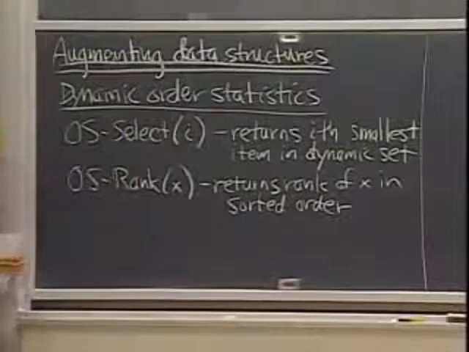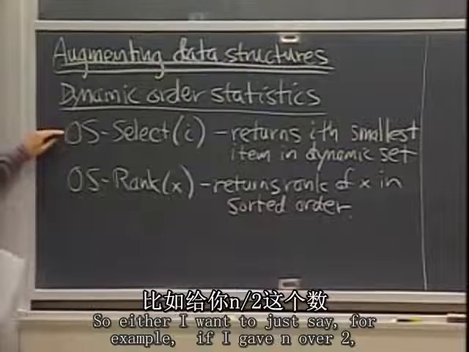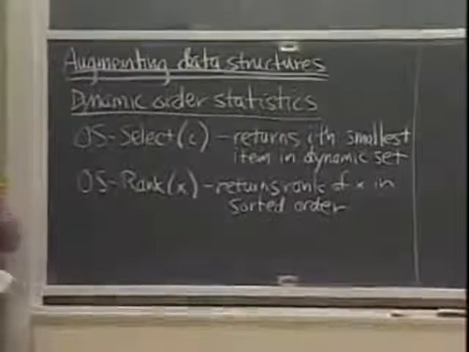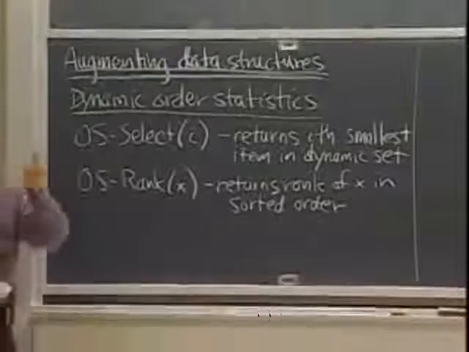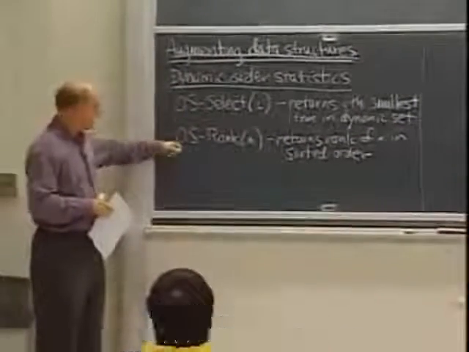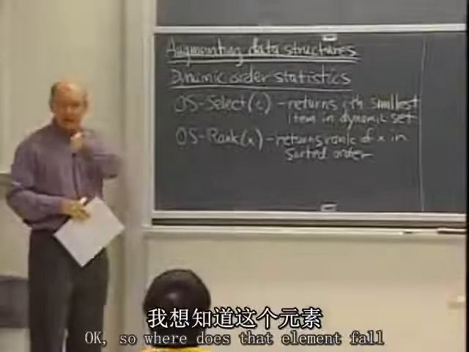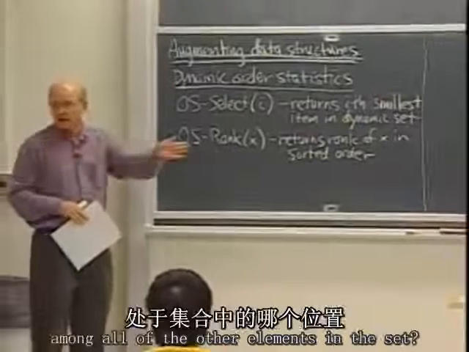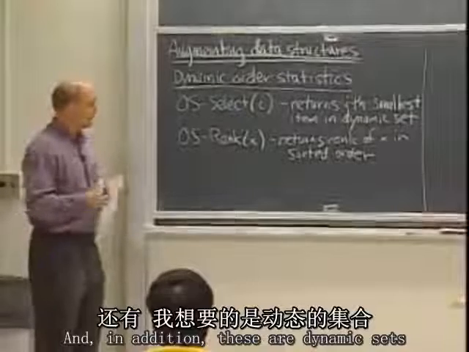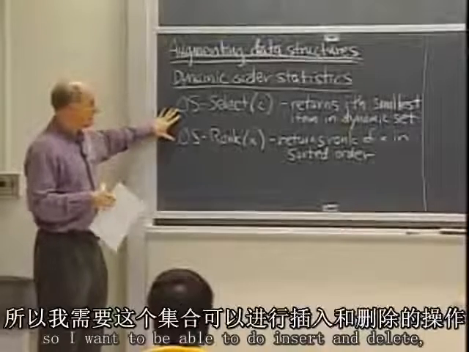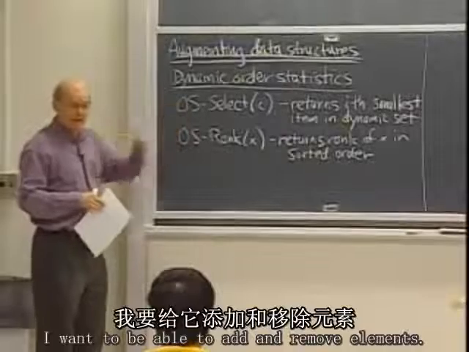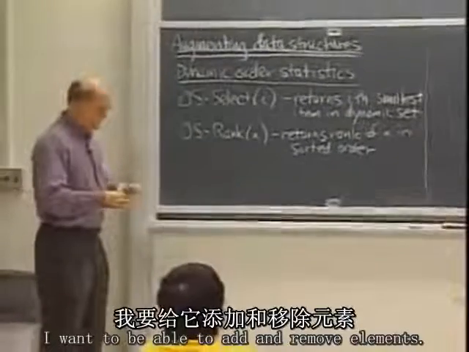So either I want to say, for example, if I had n elements in the set and I gave n over 2, I'm asking for the median. I could be asking for the min, or for a quartile. Here I take an element and ask where that element falls among all of the other elements in the set. And in addition, these are dynamic sets, so I want to be able to do insert and delete. So I want to be able to add and remove elements.